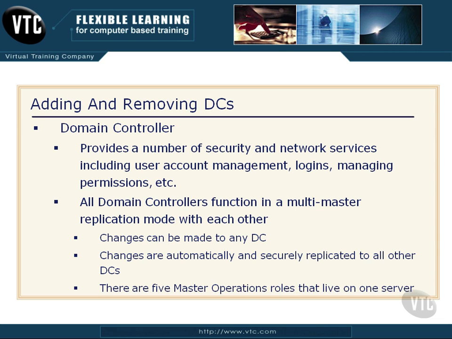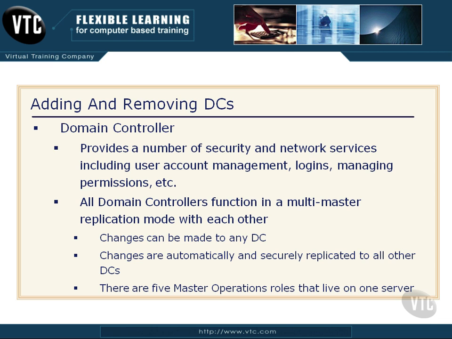Now, do keep in mind here, and I won't go into it right here, we'll get into it in another course, there are 5 master operations roles that live on one server, or multiple servers in the domain, depending on how many controllers you have, and you don't want to remove one of these. It will warn you if it's about to happen, but you don't want to lose one of these master operations.